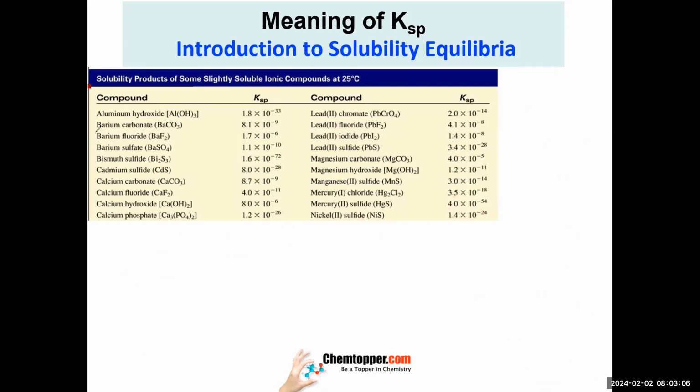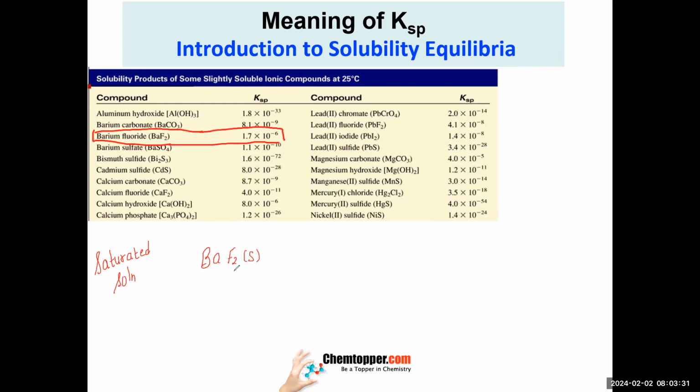Let's pick up this salt. Now let's write down the equilibrium of the saturated solution. Saturated solution means BaF2 solid.